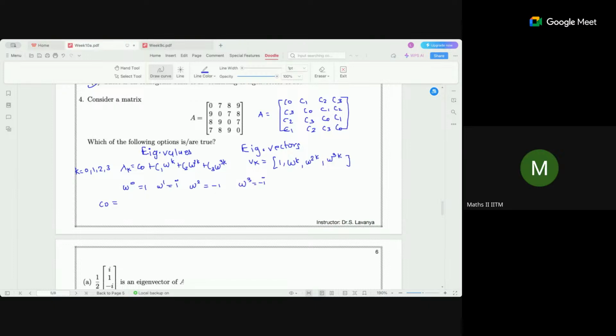What is C1? 7. C2? 8. And C3? 9. Now use these values to get the eigenvalues lambda 0 to lambda 3. So four eigenvalues you need to find by using this formula. C0 is 0, C1 is 7, C2 is 8, C3 is 9. Calculate and tell me all the eigenvalues.